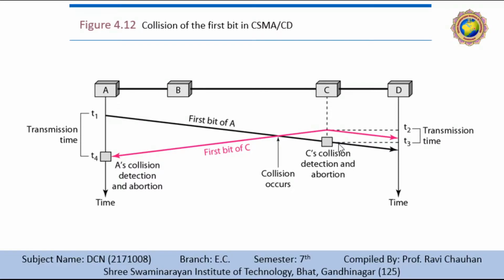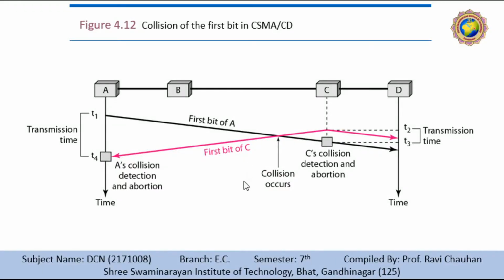When it receives the first bit of A's frame, station C immediately, or after a short time, aborts the transmission. Our station A detects the collision at time t4 over here. When it receives the first bit of C's frame, it also immediately aborts the transmission.